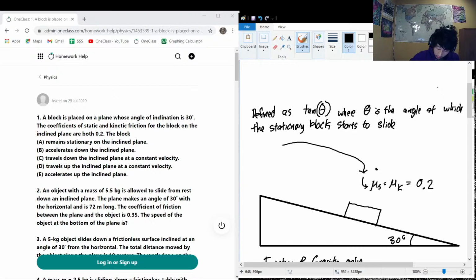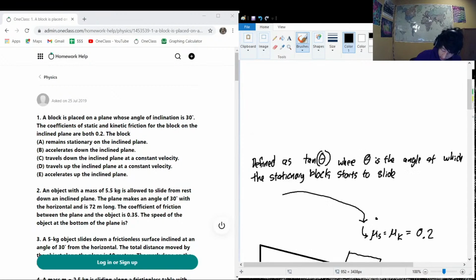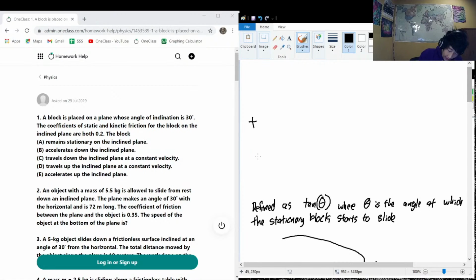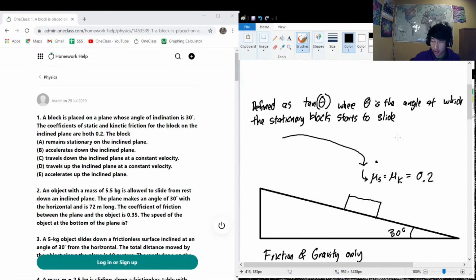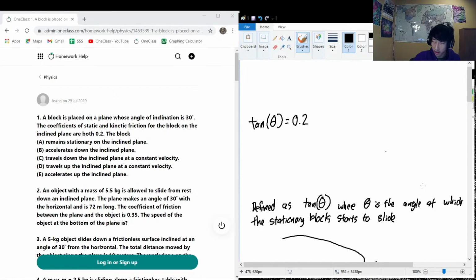So using that process, we can take the coefficient of friction that they give us and go backwards. Maybe we can do this even higher up here. So if tan of the angle is equal to 0.2, because that was our given coefficient of static friction, that means theta is just the tan inverse of 0.2.